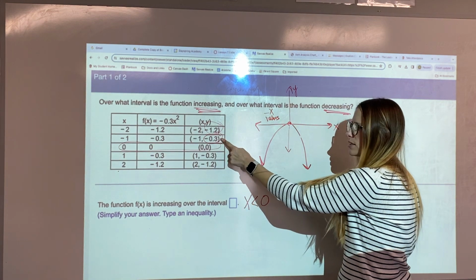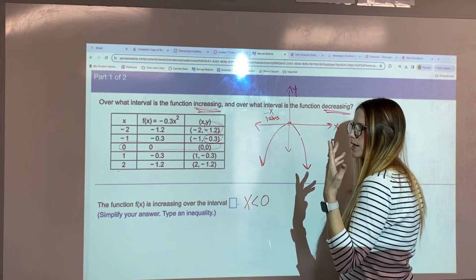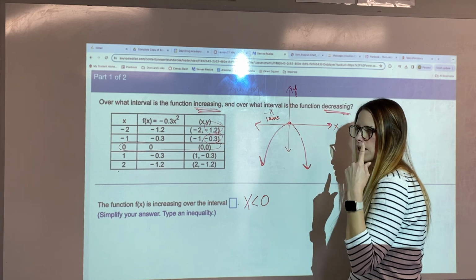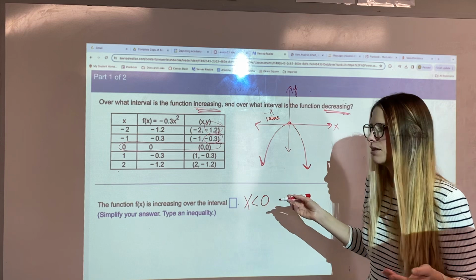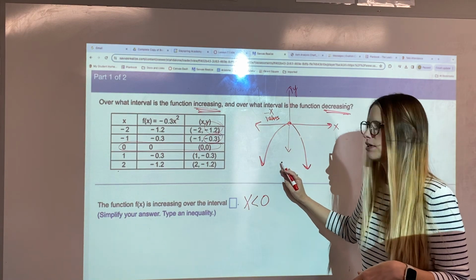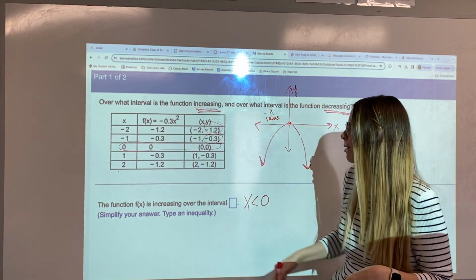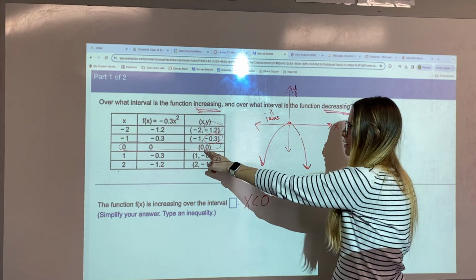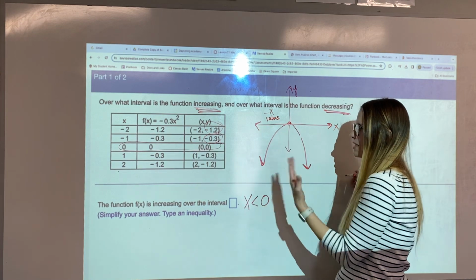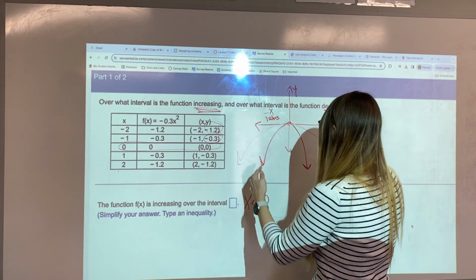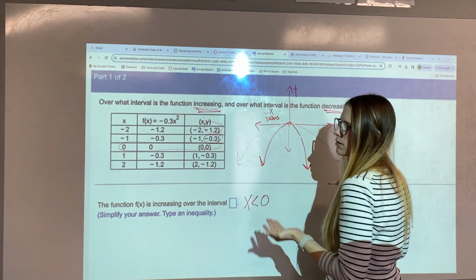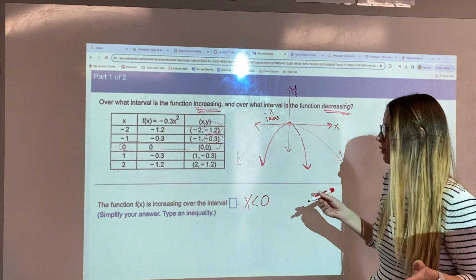It's very hard to visualize with negative decimal numbers. That's why I drew the graph, because I knew it was going to be a sad parabola, and the vertex is (0, 0). It doesn't matter how wide it is, because even if it was super wide, it would still be increasing. And that's all it's asking for.